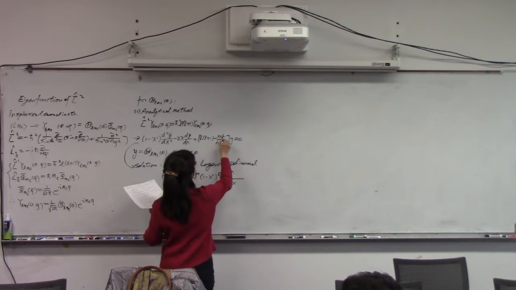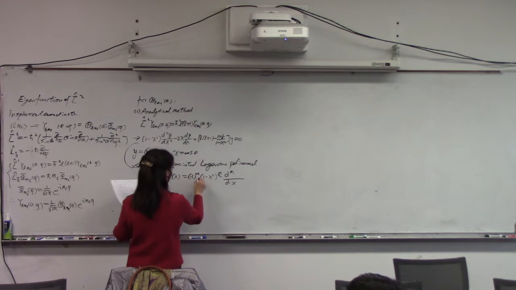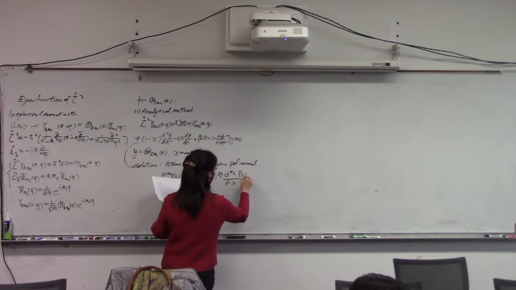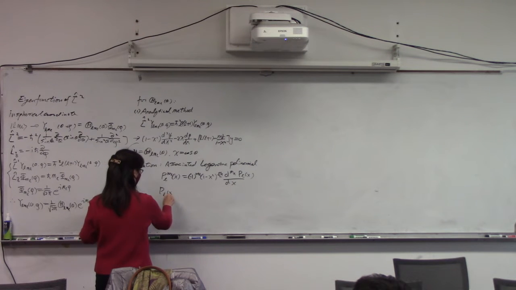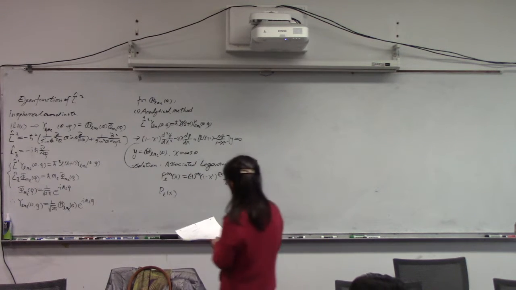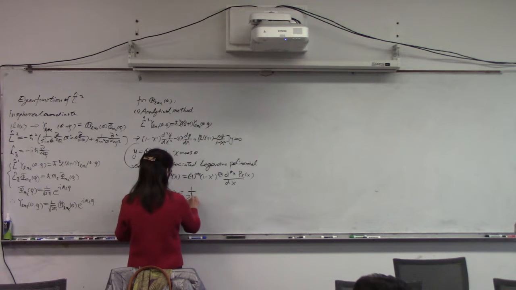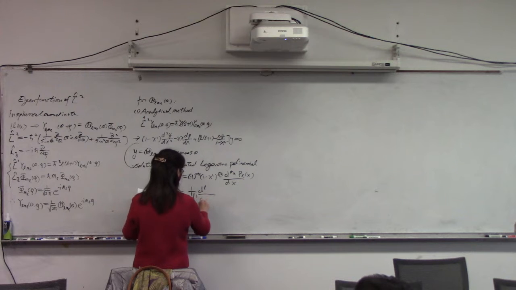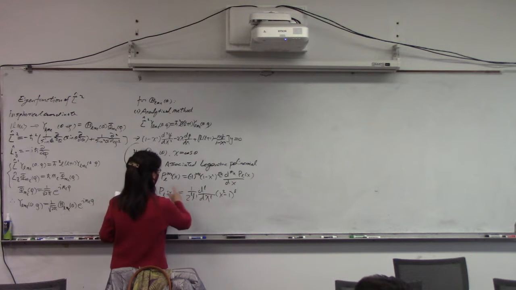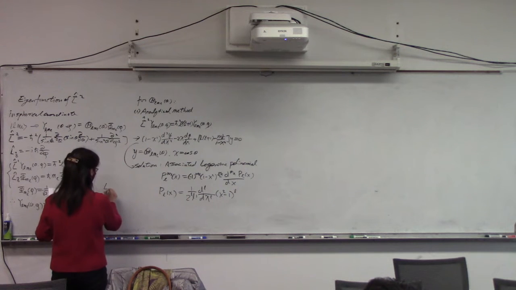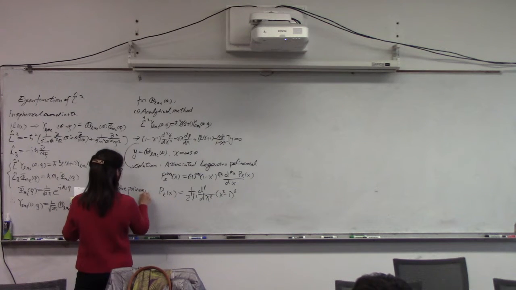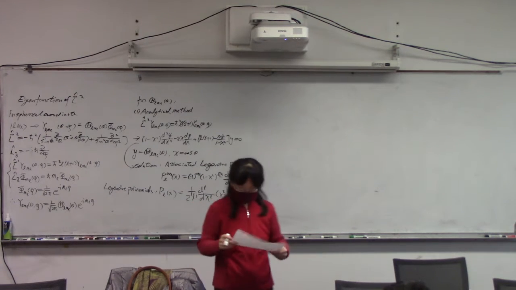So this P(x) is a half. That is the Legendre polynomial, of order one half. Okay, I think we end up here, so now we can keep continuing.